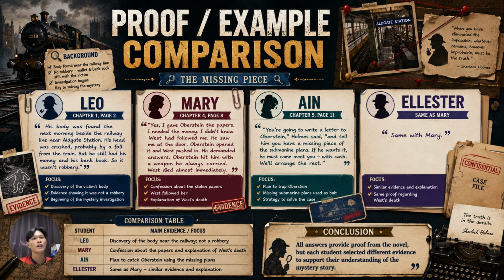If he wants it, he must come meet you with cash, and we'll arrange the rest. So it focuses on the plan to trap Oberstein, with the missing submarine plans used as bait and strategy to solve the case. And Alistair's is also the same as Mary's.